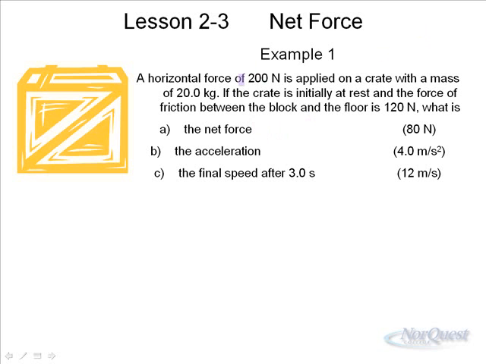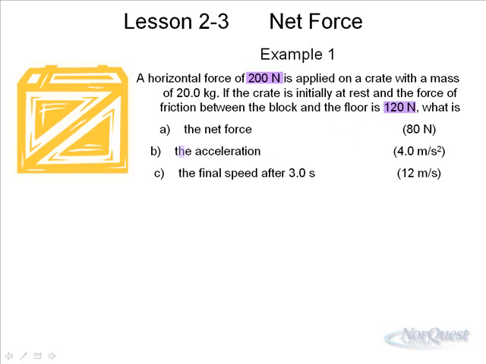Of course, the net force is going to be what? 200 newtons is the applied force. 120 newtons is the opposing force, in this case the force of friction. And therefore, the net force is going to be 200 plus negative 120, which gives you 80 newtons.